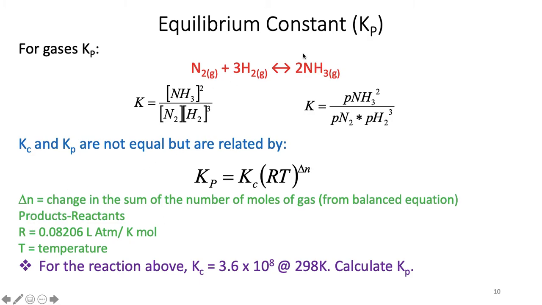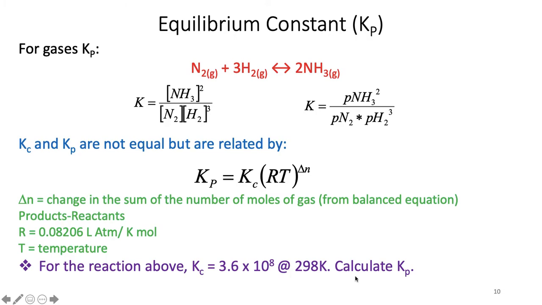Looking at this example, my products are 2 moles. My reactants are 3 plus 1 mole, 4. So the change in N would be 2 minus 4, which is minus 2. Therefore, the Kp for this reaction would be equal to Kc multiplied by RT raised to the minus 2 value.